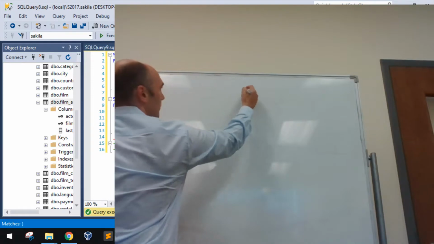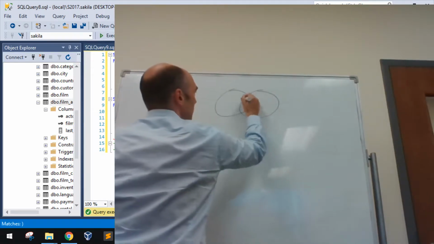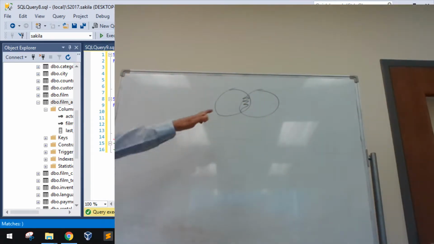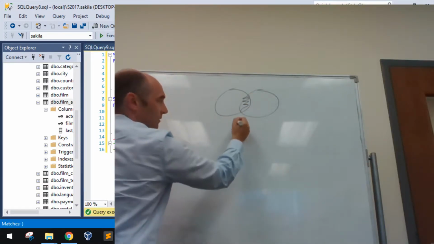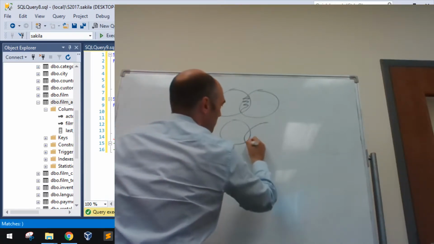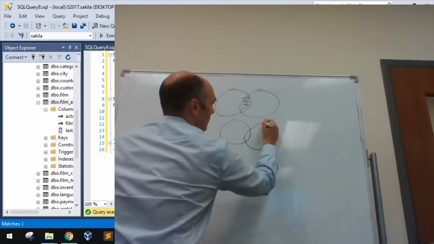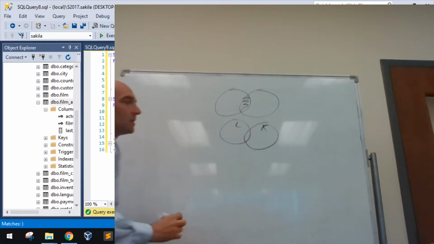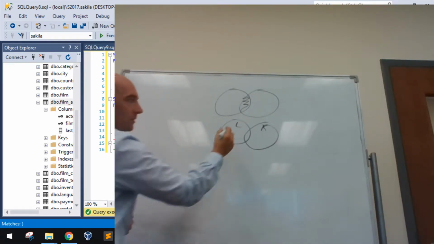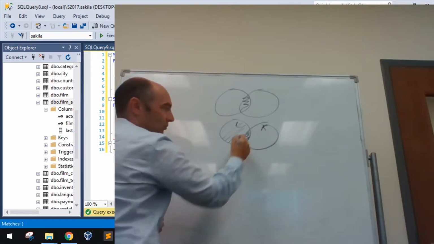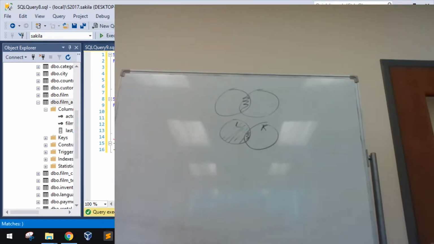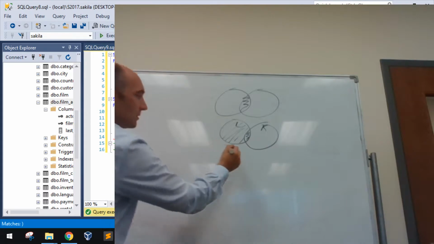Venn diagram. What is that? What type of join? That's an inner. Because you only care about the intersection. Say right and left. If I'm doing a left join, you want the match and everything on the left. Leave off the right.